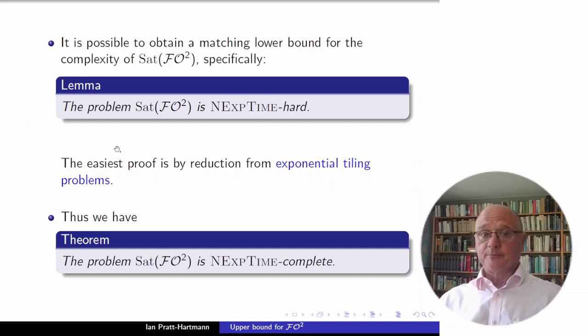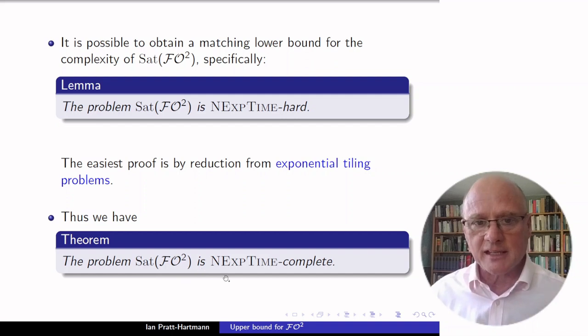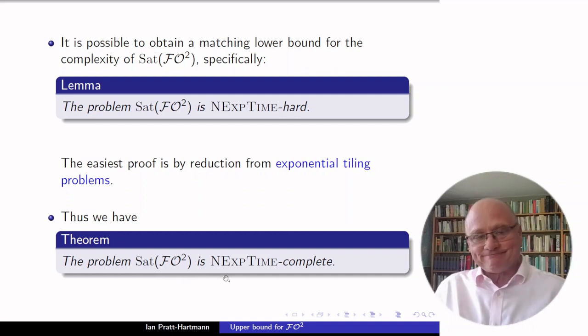It's possible to obtain a matching lower bound. We have the following lemma: the satisfiability problem for FO2 is NExpTime hard. In other words, if we put those two together, we get as a theorem that the satisfiability problem for the 2-variable fragment is NExpTime complete.